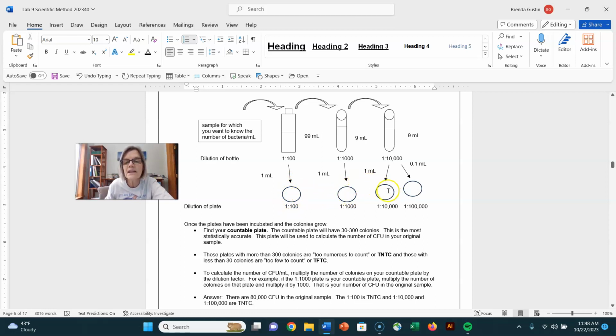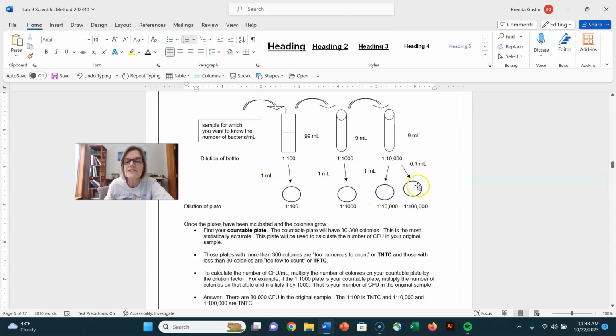Here, my next plate would be too few to count, because if this had 80 colonies, this one has 10 times fewer, so this would have had 8 colonies. And I'm telling you, the plate we want to count should have between 30 and 300. That's because counting 80 colonies is going to make it more statistically accurate than if I count 8.